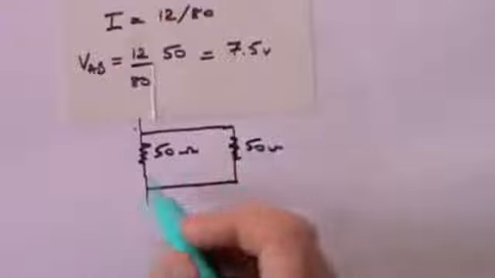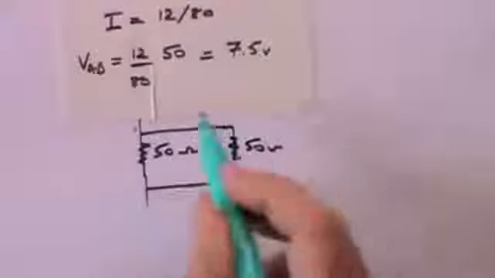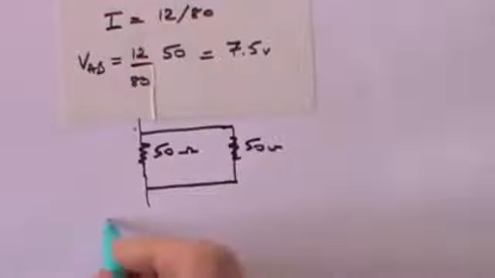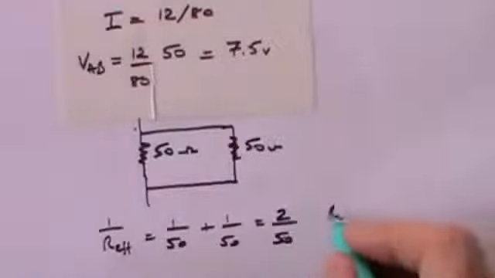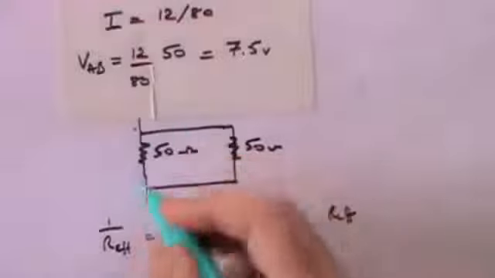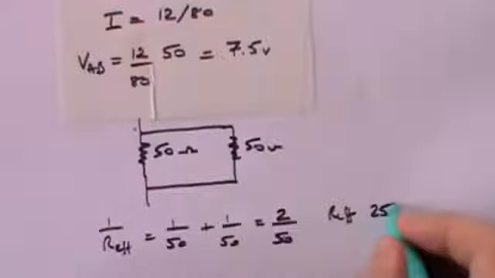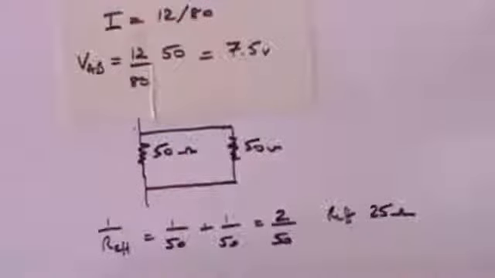What is the effective resistance of two resistors in parallel? Well, 1 over R effective is equal to 1 over 50 plus 1 over 50, which of course is 2 over 50, which means that R effective of this little section here is going to be 25 ohms.